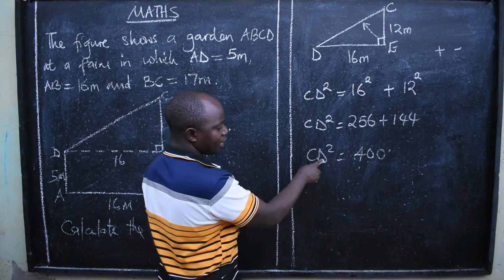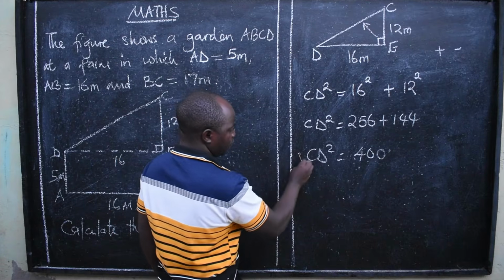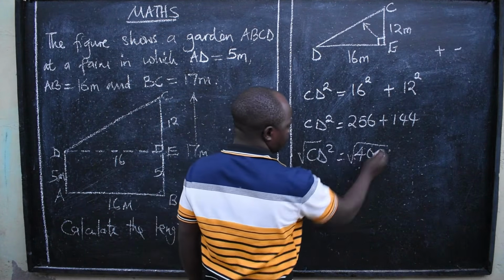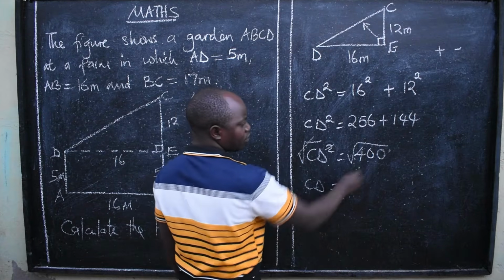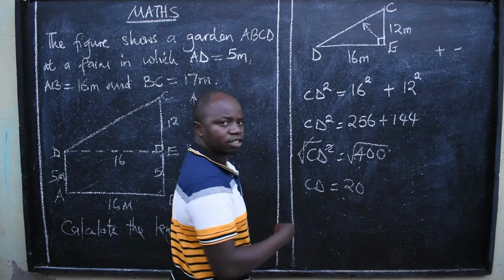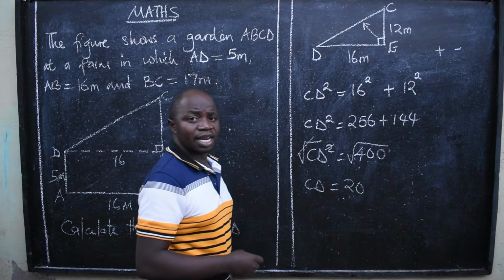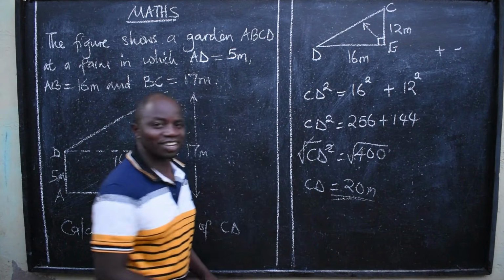Now to remain with CD, to get rid of the square, you introduce a square root, even here square root. They cancel. Then you have CD is equal to the square root of 400, which is 20. You pick the positive value because you're dealing with a length. So 20 meters. That is the correct answer.